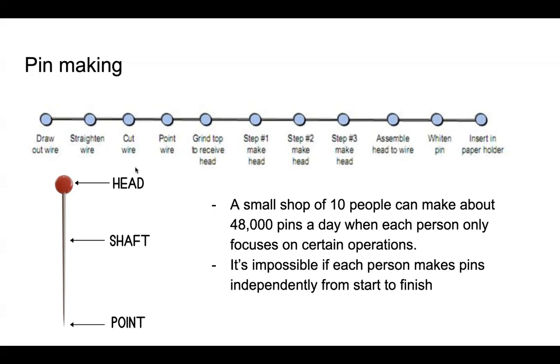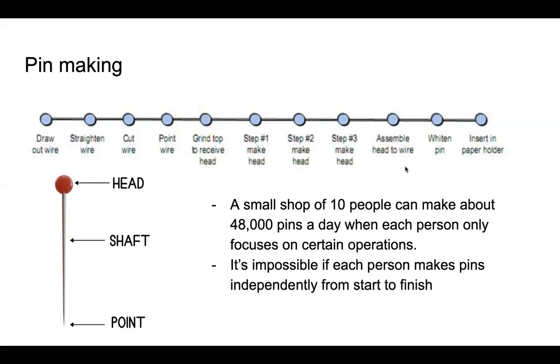You straighten it, you cut the wire, point the wire to make the sharp point, and you grind the top so that you can receive the head. And then there are 3 distinctive steps in just making the head.